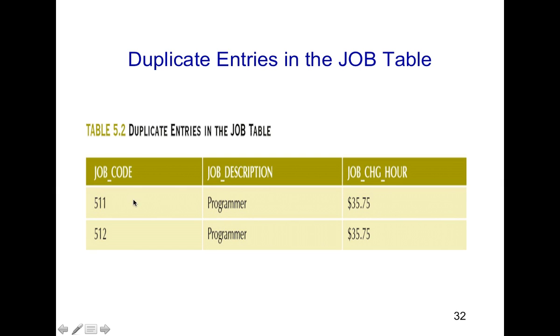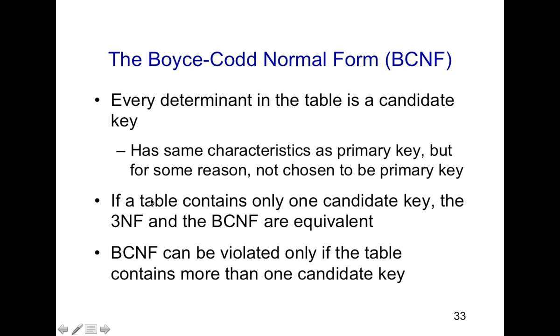If you have job code 511 and job code 512, and they're both programmers making $35.75, you have two different job codes with the same job description. You can improve the design by making the job description field unique, or not allowing the same job title to be assigned to different codes.